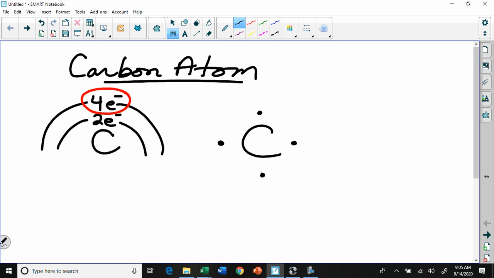Now, having said that, you're at a point in your life where you may, has anybody taken grade 12 chemistry yet? Okay, so some of you know about something called orbital hybridization. And so what we've discovered is that to explain some of the goofy, wacky things that carbon and other atoms actually do, we have to consider that there's more to the story than what these Lewis models and Bohr-Rutherford models show.